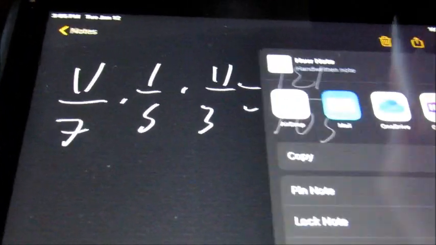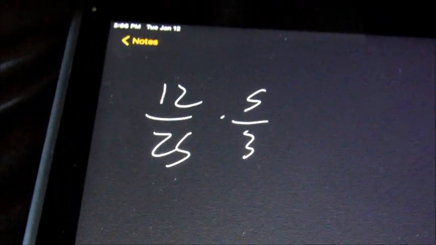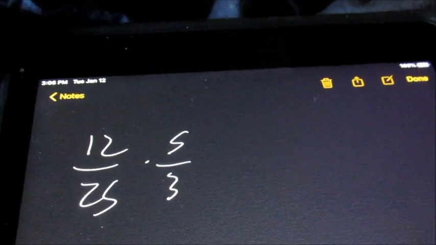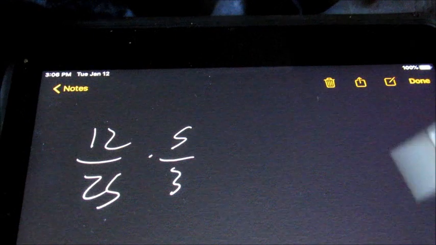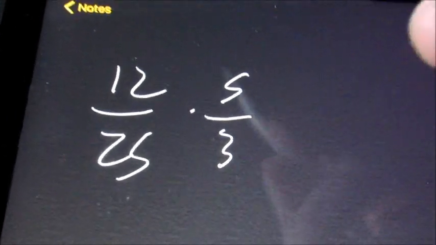Next, let's say we have 12 over 25 times 5 over 3. So here we can simplify. I'm going to do this with a slightly different notation. Use this color. So the 5 and the 25 can both be divided by 5.